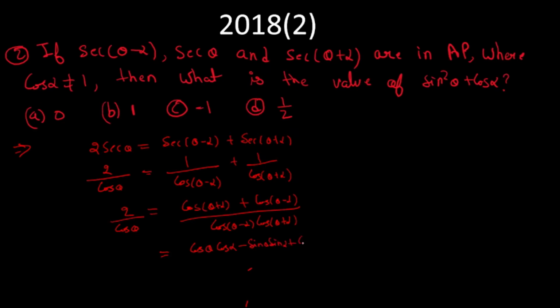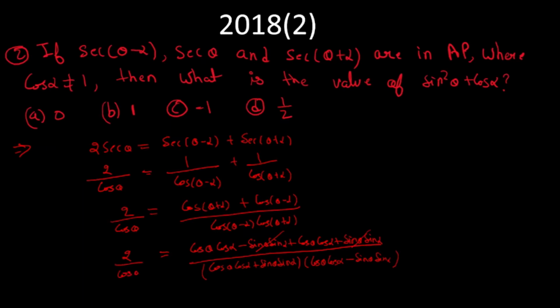Here we get cos theta cos alpha plus sin theta sin alpha, and in the denominator we get cos theta cos alpha plus sin theta sin alpha, and also cos theta cos alpha minus sin theta sin alpha. This and this cancel. Here is 2 cos theta.